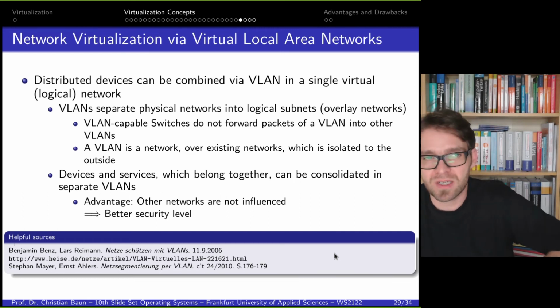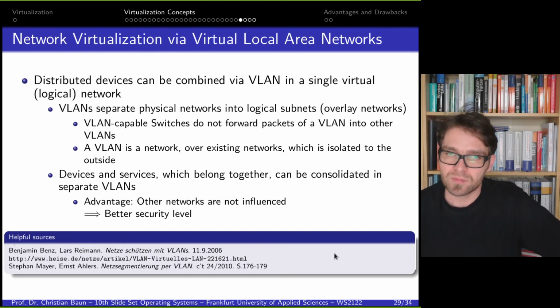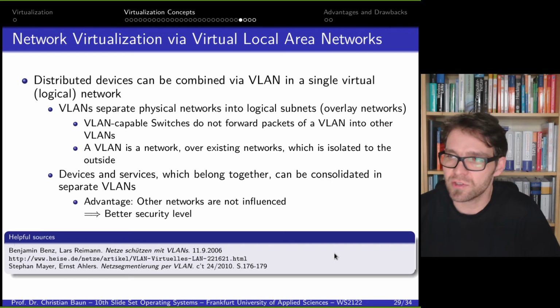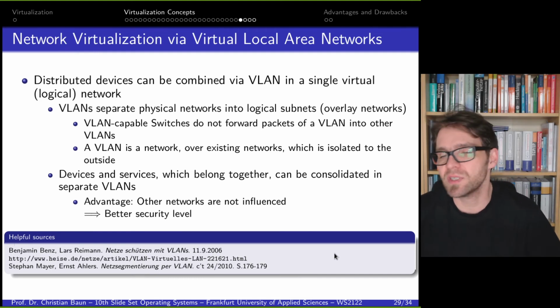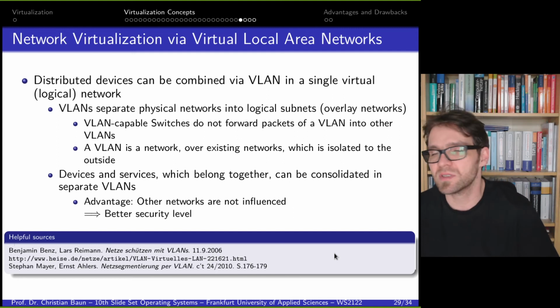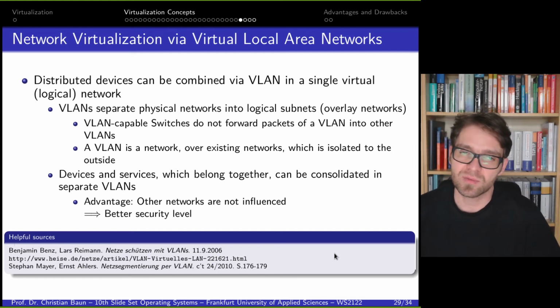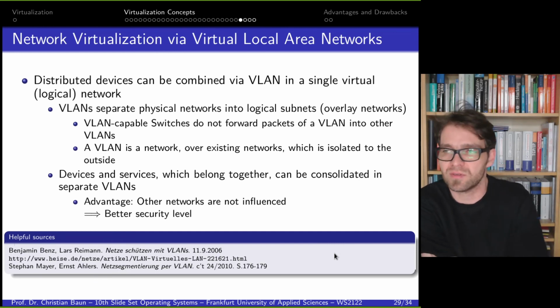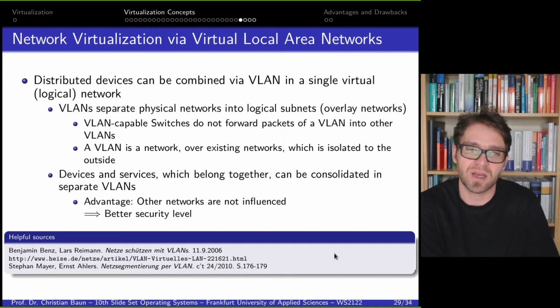Network virtualization means you can have independent logical, which means virtual, networks on top of physical networks. So these virtual networks separate physical networks into logical subnets or overlay networks. You can call it as you like.